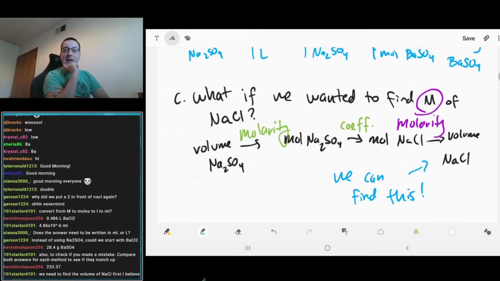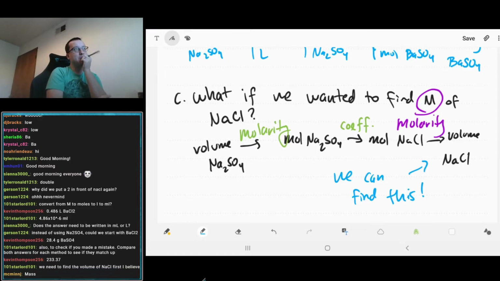Does anybody have any idea how we're going to find the volume of sodium chloride solution? So, how do we think we're going to get this volume?